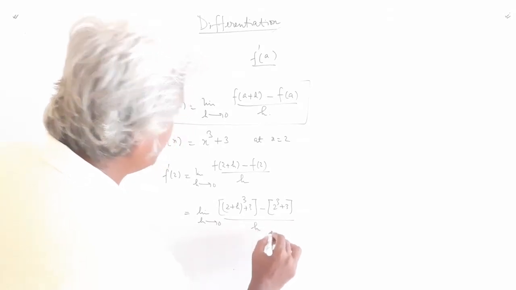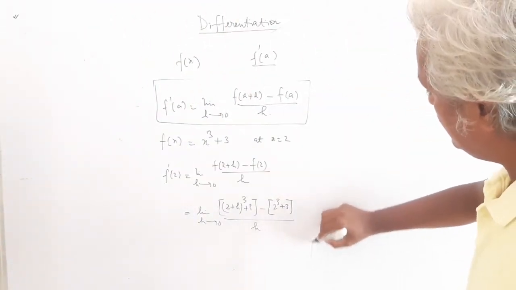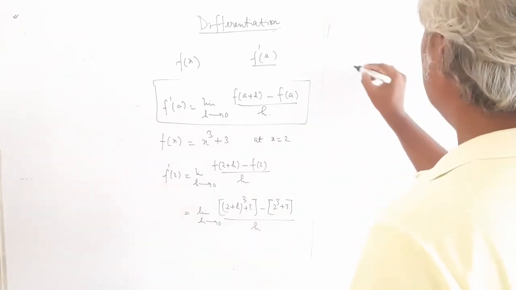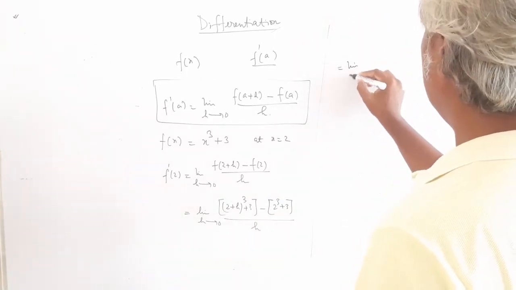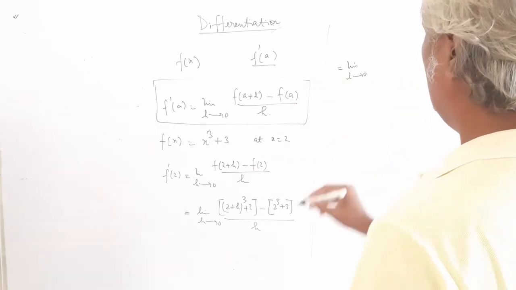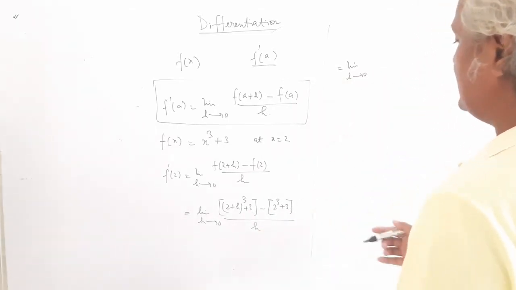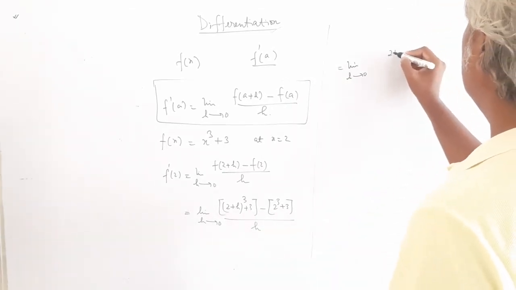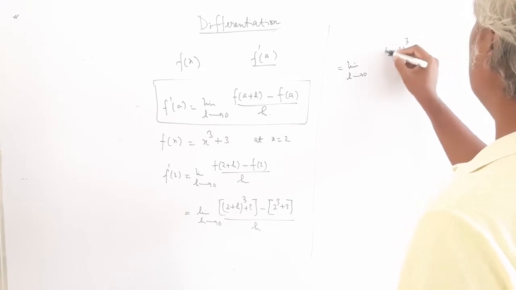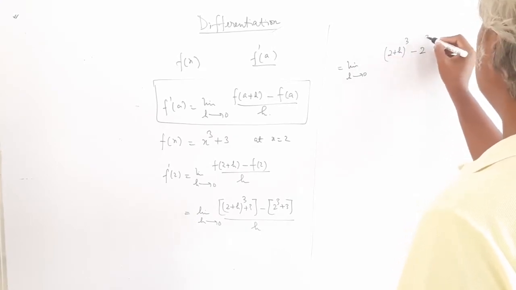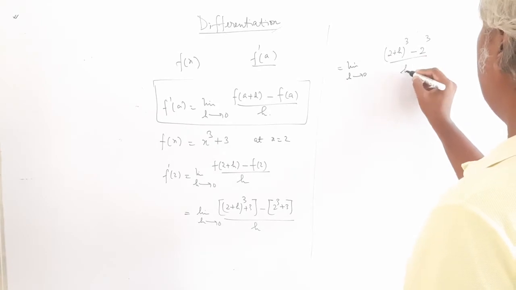Now this plus 3 and minus 3 cancel each other, so we just have the limit as h tends to 0 of (2 plus h) whole cube minus 2 cube over h.